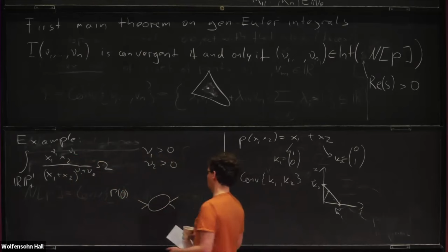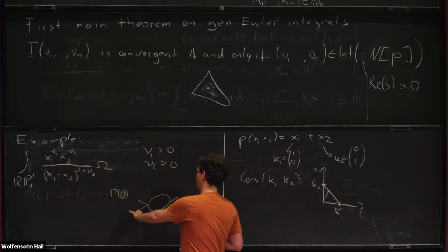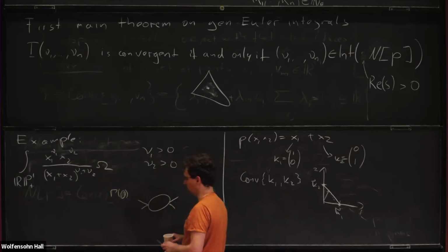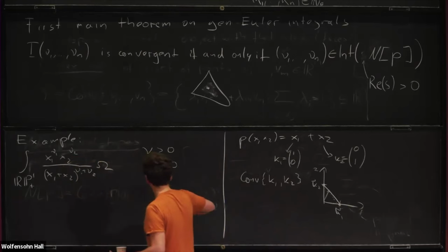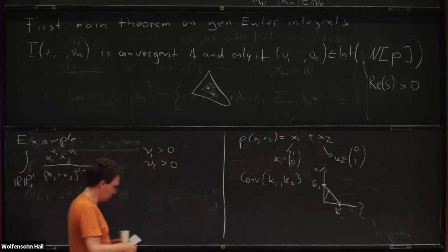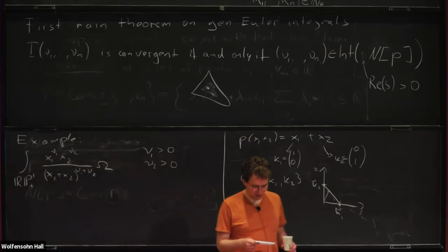So it's a finite integral in this parametric representation, but divergent in the momentum representation, for instance. And actually, it's also divergent in this representation, which is a bit different, where you actually have 3 integration parameters. So it depends which kind of representation you choose, but this Newton polytope picture tells you how you can check if it's finite or not, usually.